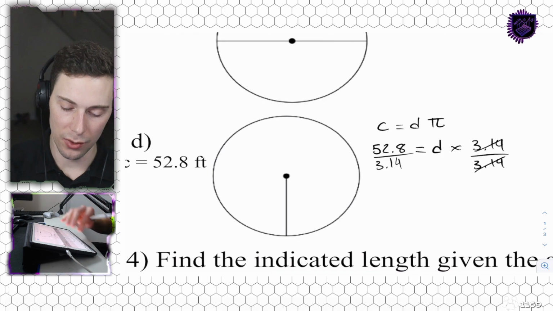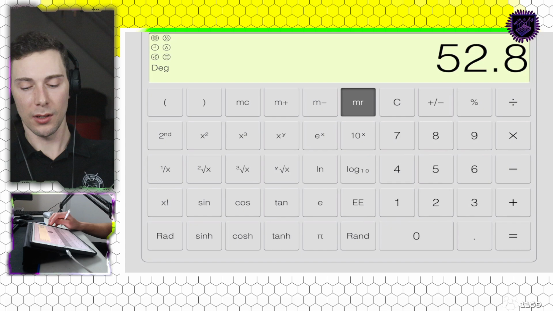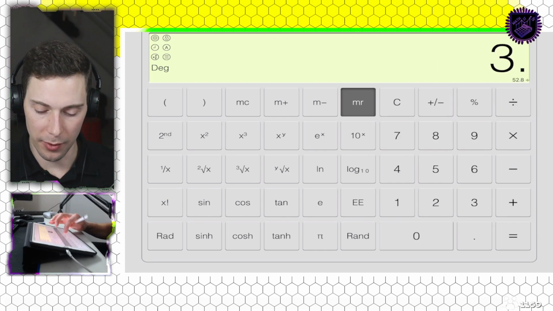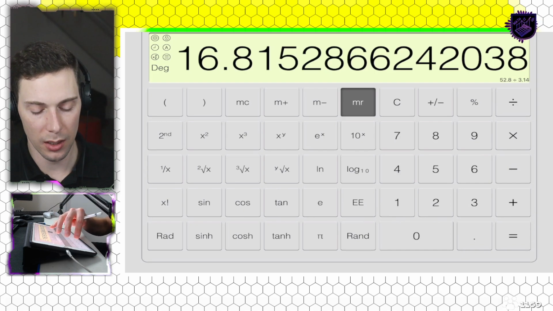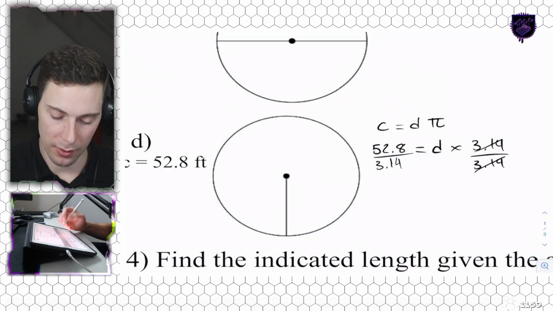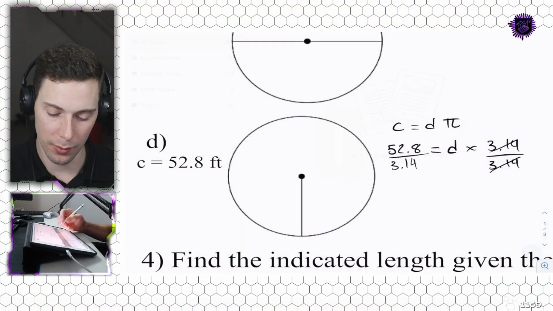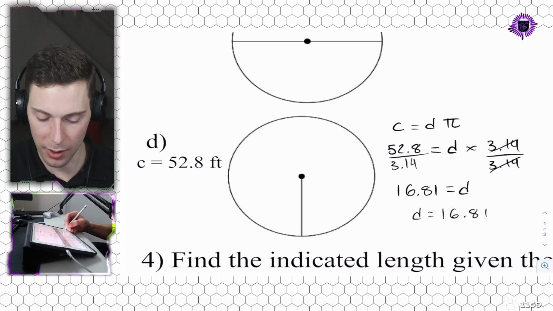Then we get 52.8 divided by pi. 52.8 divided by 3.14 is equal to 16.815. 16.81 is equal to D. Diameter is equal to 16.81 feet.